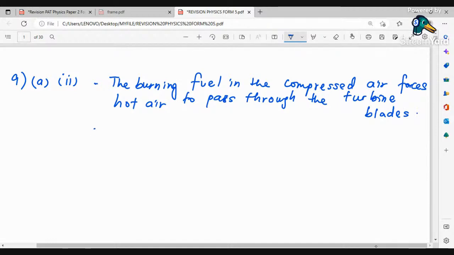Second, exhaust gases is released out at very high speed.